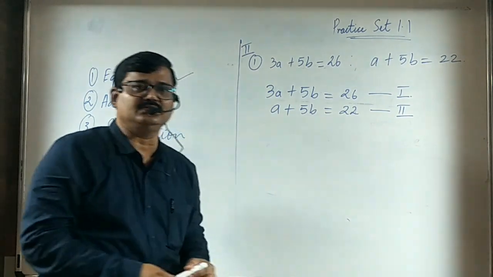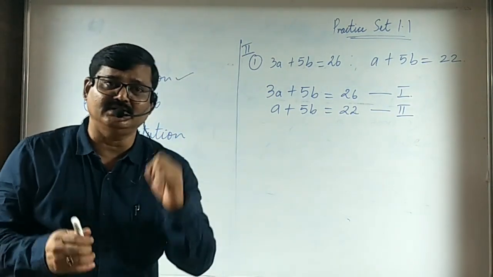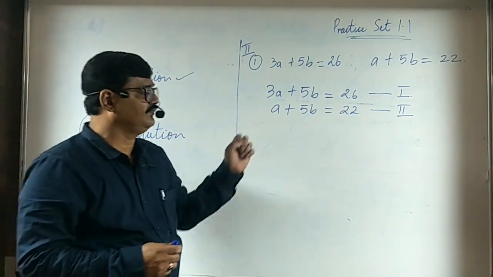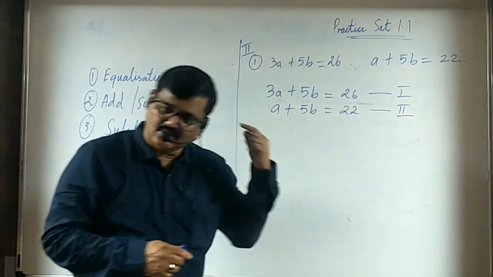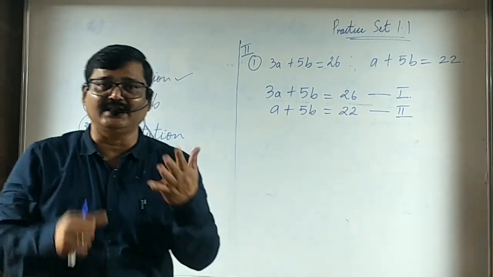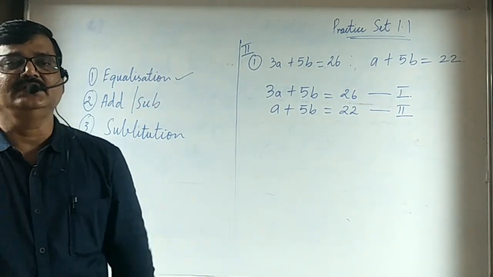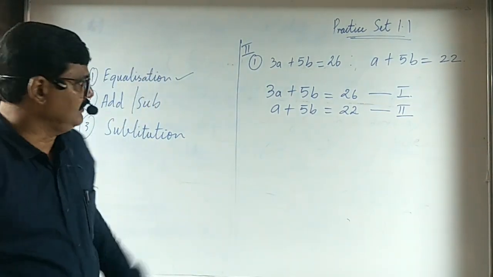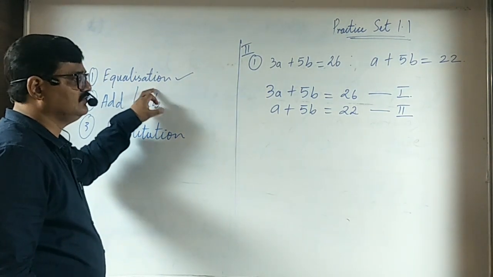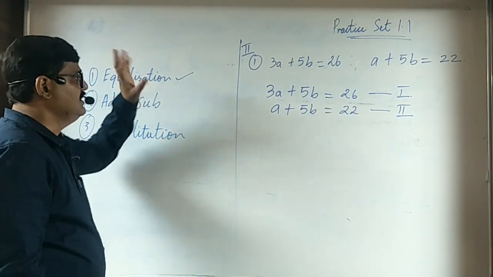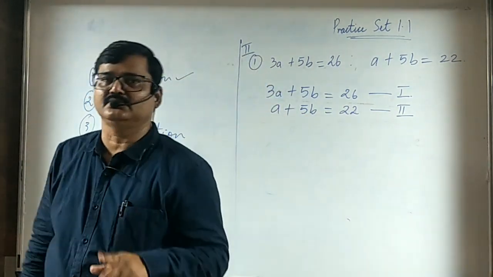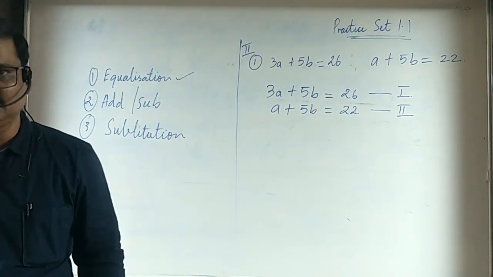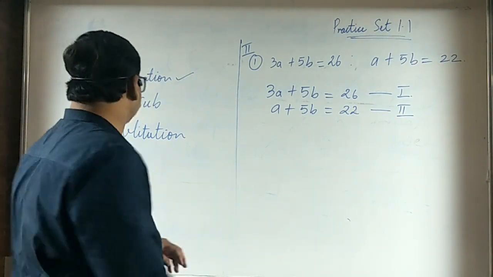The b variable has the number 5 in equation 1, and in the second equation there is also a 5. That means the b variable has equal numbers. You have to check with equalization which variable is equal. We found that the b variable is equal. Then the second step comes.